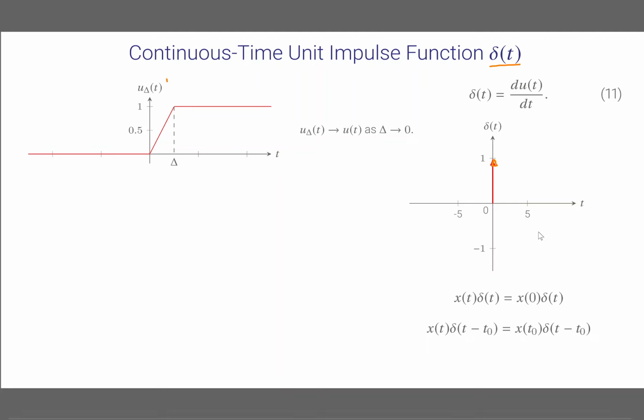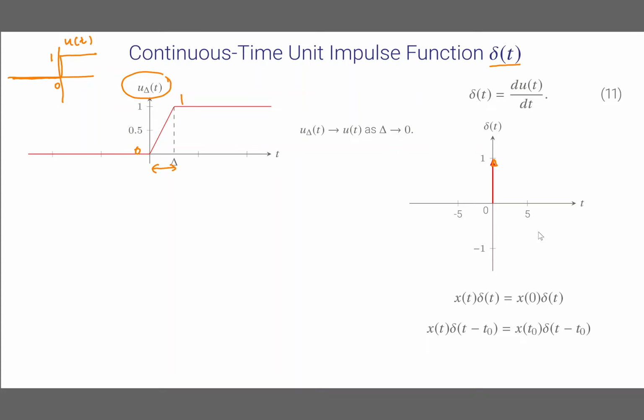For that, we will define u_delta(t). So u_delta(t) means, unlike u(t), which rose from 0 to 1 at 0, let's define a gradual growth. So the transition from 0 to 1 happens within this time interval delta.